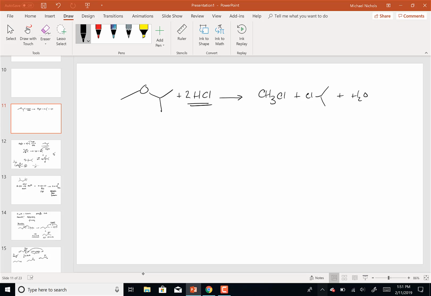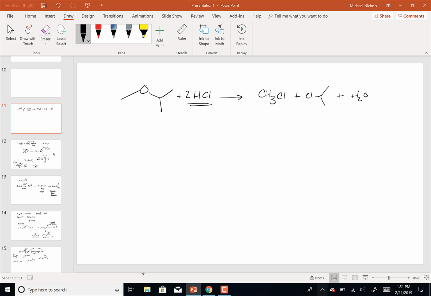There are two different mechanisms for this reaction. I guess what I mean by that is that there's actually one mechanism, but that mechanism has two parts. So I've got to protonate the ether oxygen, and then I've got a Cl minus left. And then after I get those two products, I've got another HCl that needs to react with it.